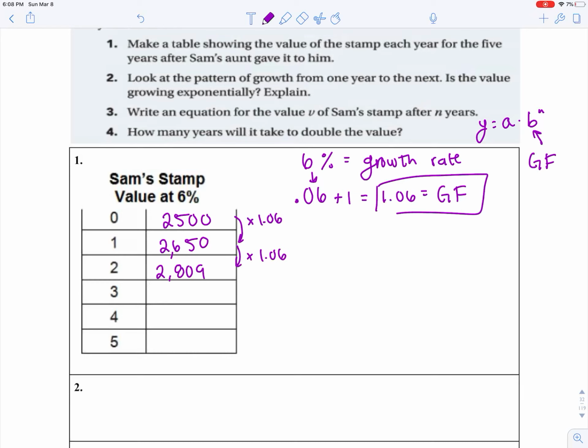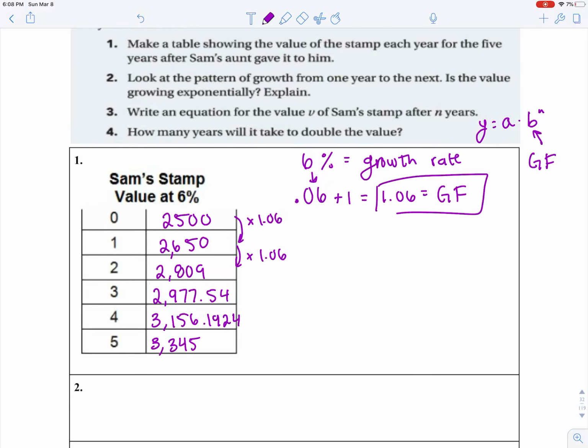So 2,809. I'm going to keep going. 1.06. So that is 2,977.54. Multiply it again. So now I'm at 3,156.1924. And then I multiply that by 1.06 one more time.